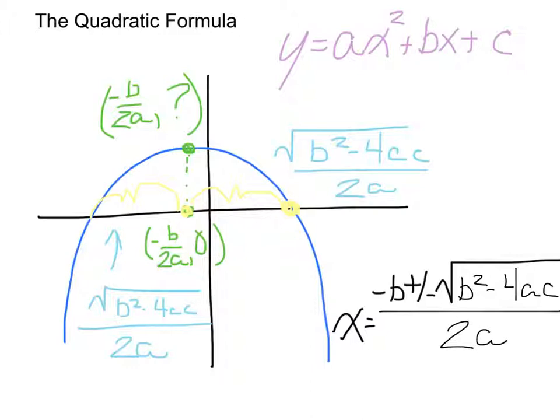So let's look at an example of finding the roots with the quadratic formula. Let's start using the quadratic formula on a relatively simple equation. Let me go ahead and erase that, and let's get a smaller pen tip. So let's do the equation y is equal to x squared plus 5x plus 6.